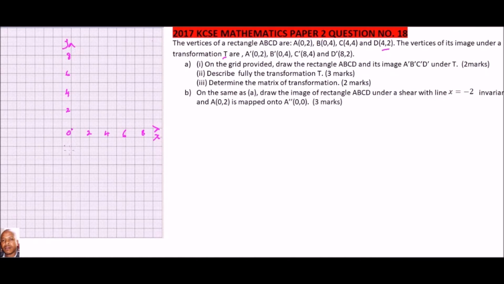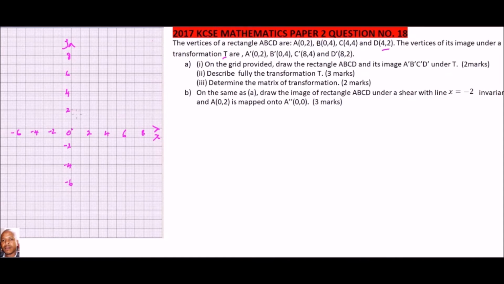We can label the negative sides: minus 2, minus 4, minus 6 on both axes. So we start by plotting our object, our rectangle.